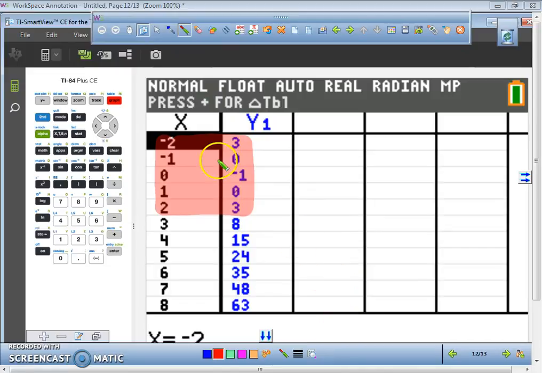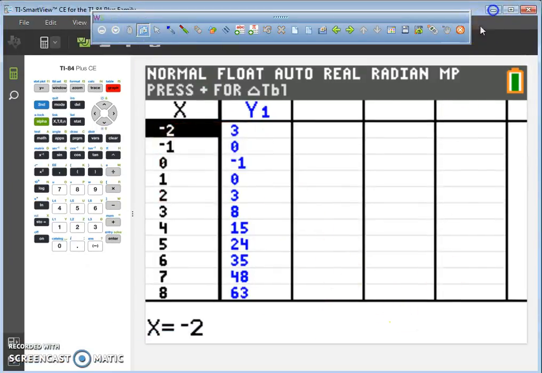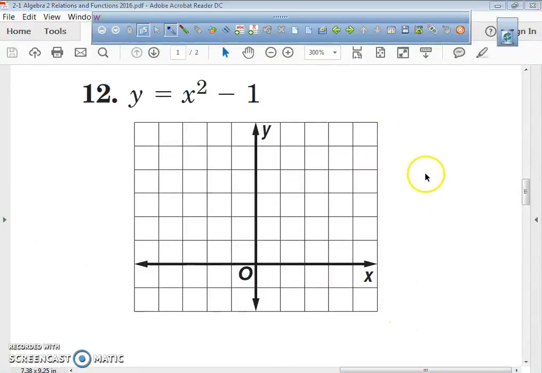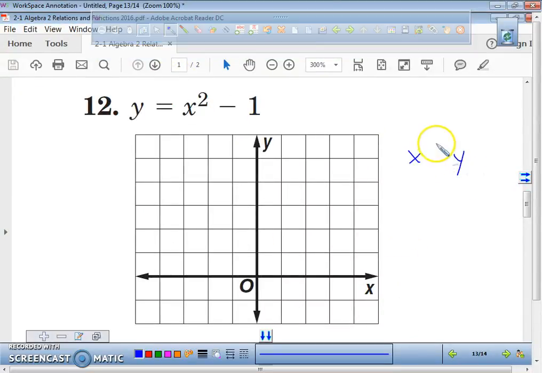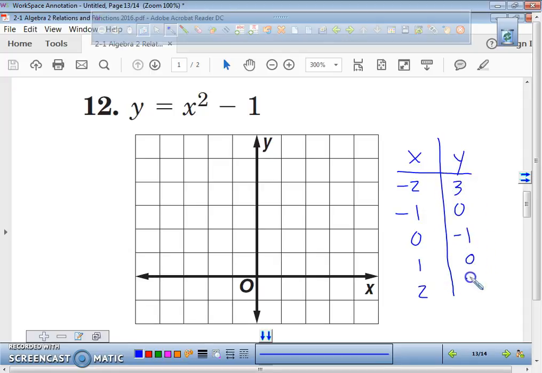If you check your table, you can plot these points right here. So I'll make a little XY table. We had -2, -1, 0, 1, 2. We went 3, 0, -1, 0, 3. So there's your table that you can use to plot the points.